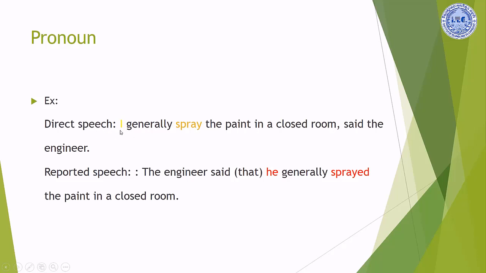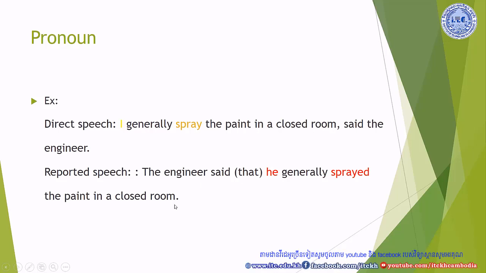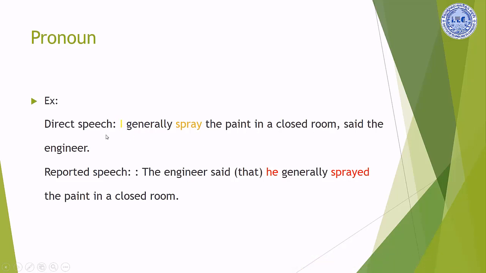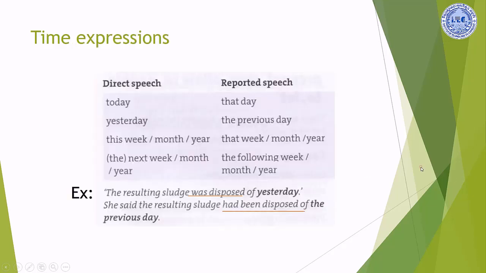I is the pronoun of the sentence, and it is changed to he here. Reported speech: the engineer said that he generally spray the pen in the classroom. So besides the word spray here, we can also notice that I as the pronoun is changed. When it changed from direct speech to reported speech, it changed from I to he. Thank you. So let's move on.